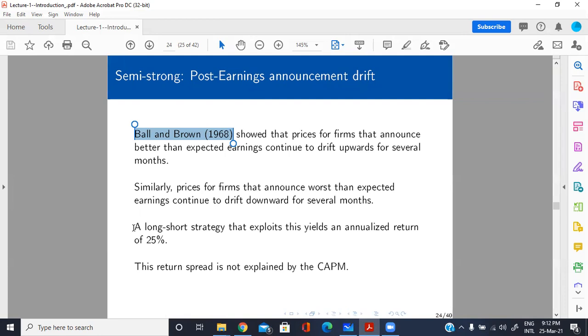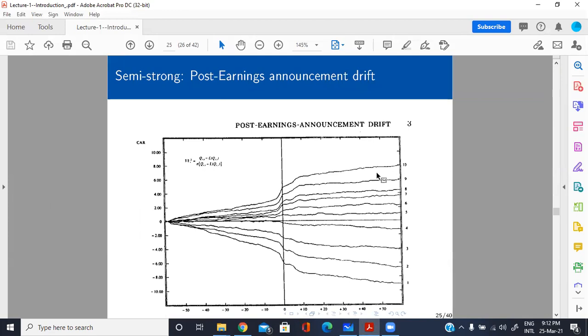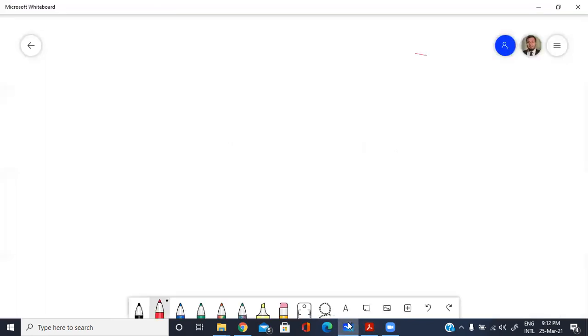So take a strategy. If you buy the stock of this group, which stocks are in this group? The stocks which have shown the positive earnings surprise. It is the 10th decile. We have started from the negative surprise to the positive surprise, so the lowest one is the first, and the highest positive is the 10th decile.